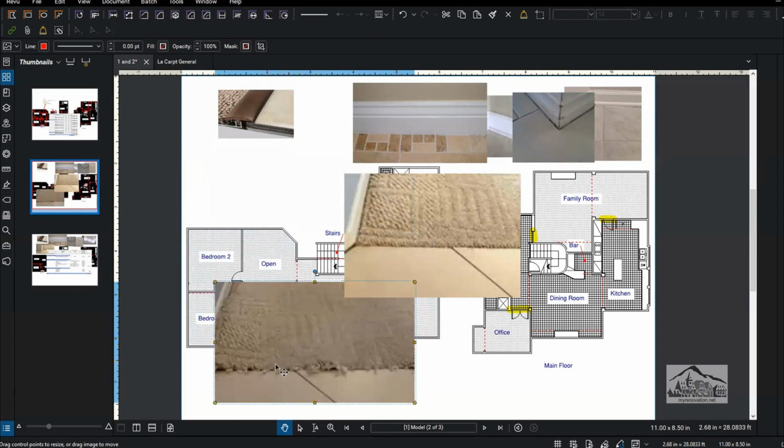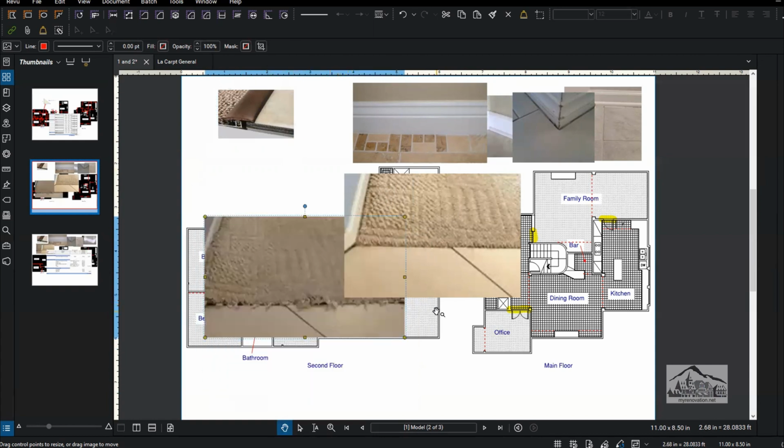That's exactly what's going to happen. But if you install the T-mold, the T-mold will protect your carpet edge from being destroyed like that. So that's pretty much all the costs.